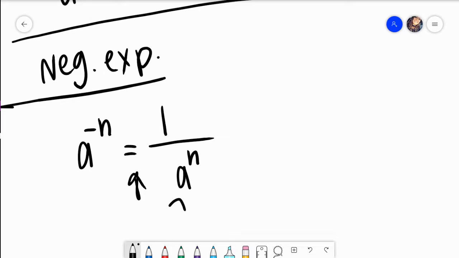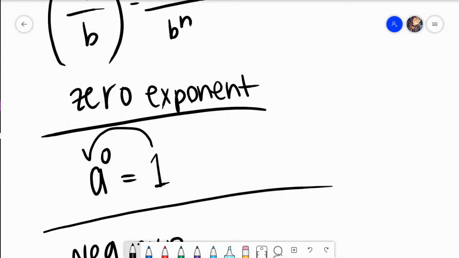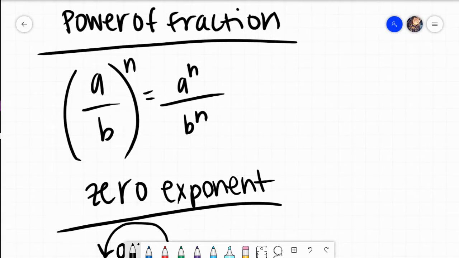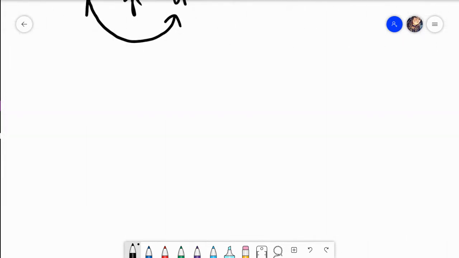So if we have something in the denominator, we can rewrite it like this. The number 1 could be rewritten as a variable raised to the 0 power. If we have the form on the right, we have the ability to write it like that. Every single rule, that equal sign means it goes both ways.